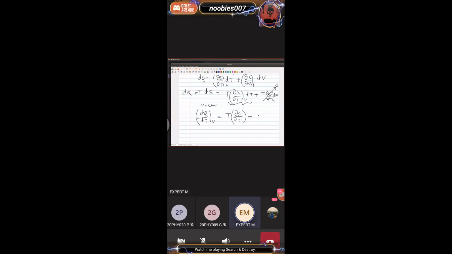What is this quantity known as? Transferred heat with respect to temperature when volume is constant.